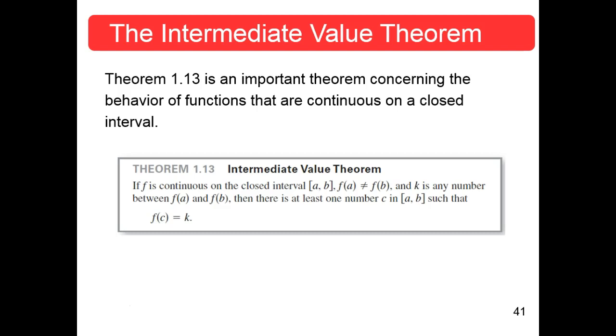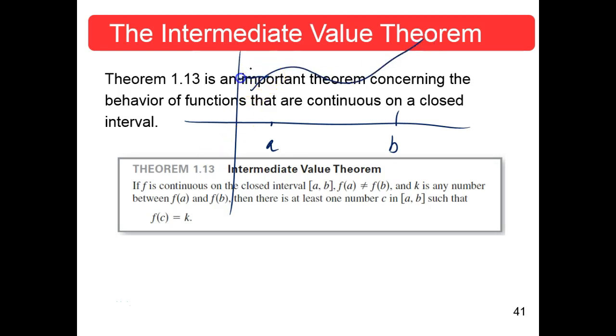Okay, so picture this. I guess I should write it here. People at home can't see what I'm trying to picture. Let's say this is a and this is b. Now, a could be negative or whatever. It doesn't matter. You have a function up here. Here is f of a, and here is f of b.